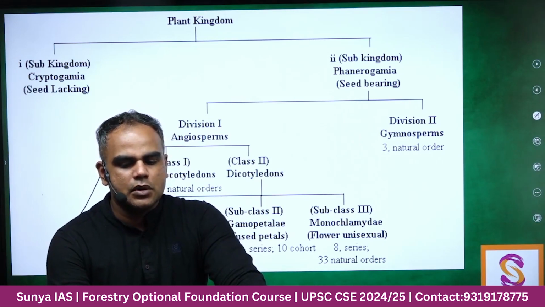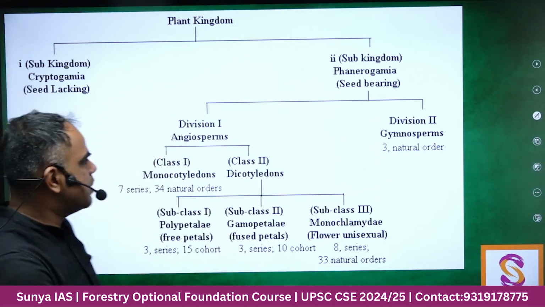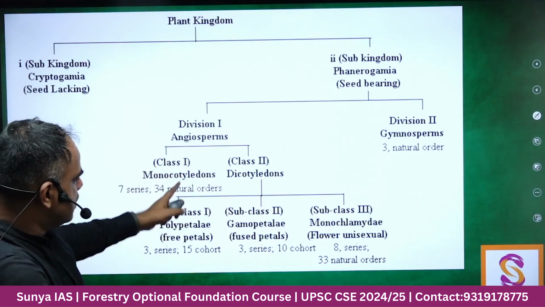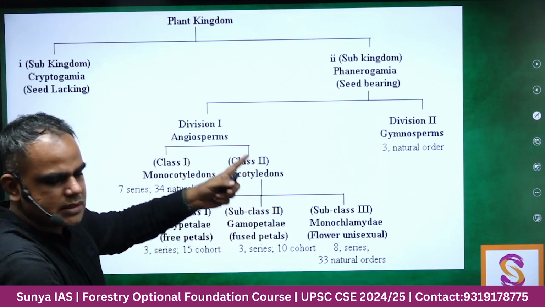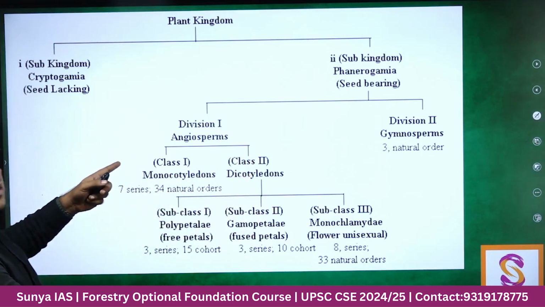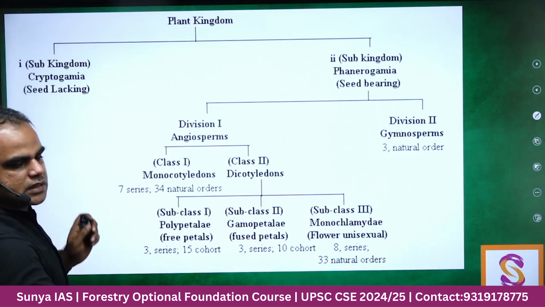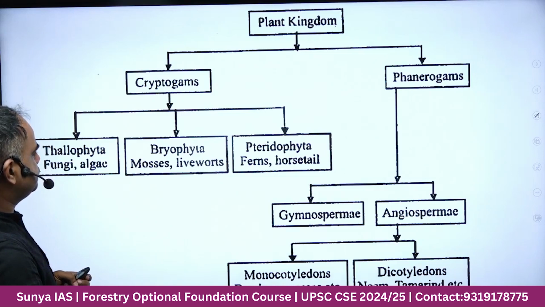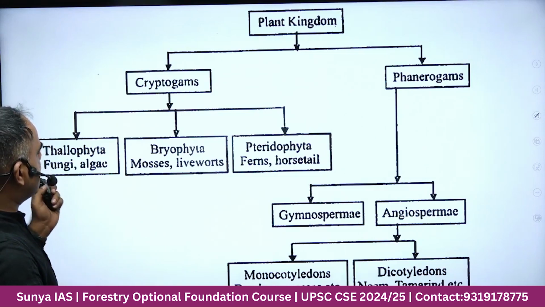So think about monocots, dicots, and within dicots 3 different classes. This is how this entire thing is mentioned. So this is the Bentham and Hooker classification. And again, you also have a particular classification.